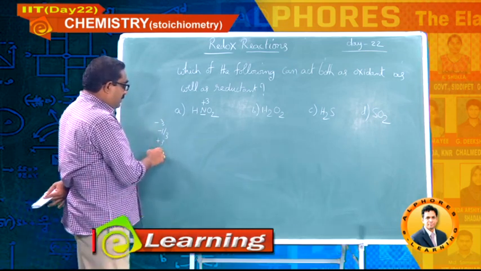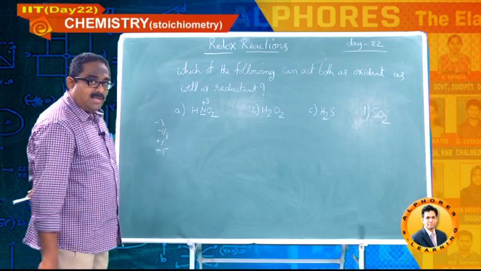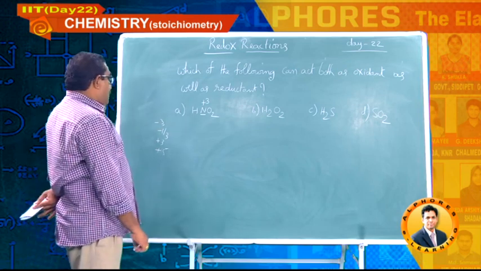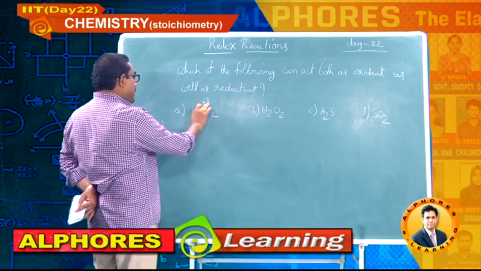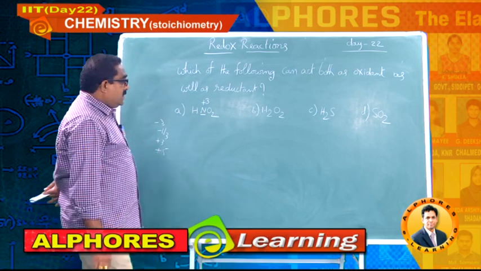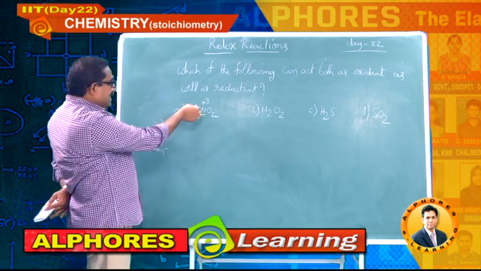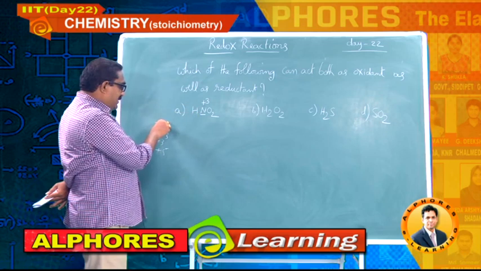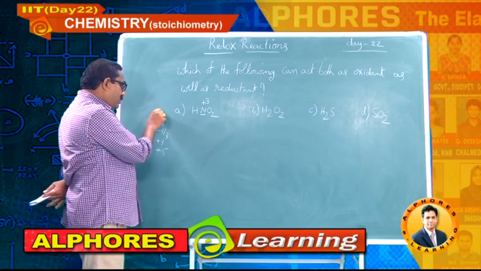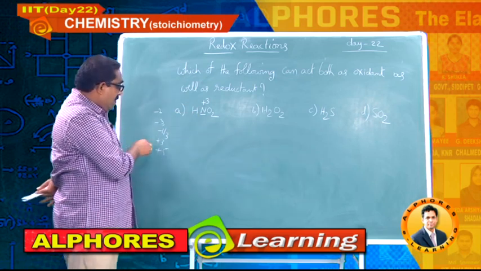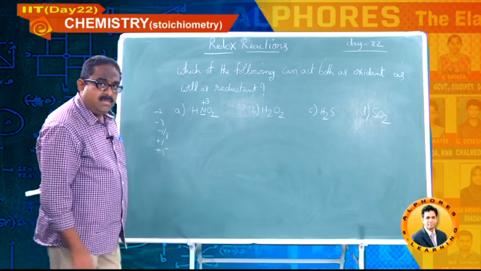Plus 3, plus 5 are also there for nitrogen. But here it is present in plus 3. So, it can change to minus 3 or minus 2, or it can go for plus 5.